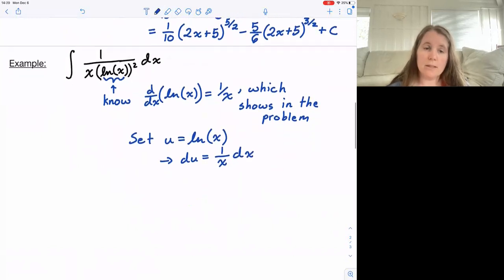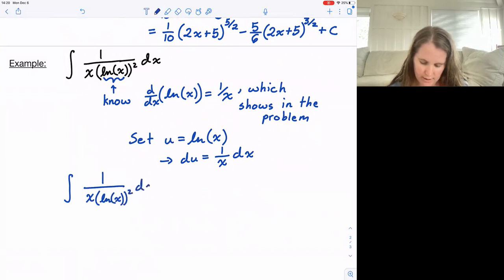And let's go ahead and rearrange our integral so it appears in that format. So we have the integral of 1/x times the natural log of x squared dx. We could pull out the 1/x, so we have the integral of 1 over the natural log of x squared times 1/x dx.